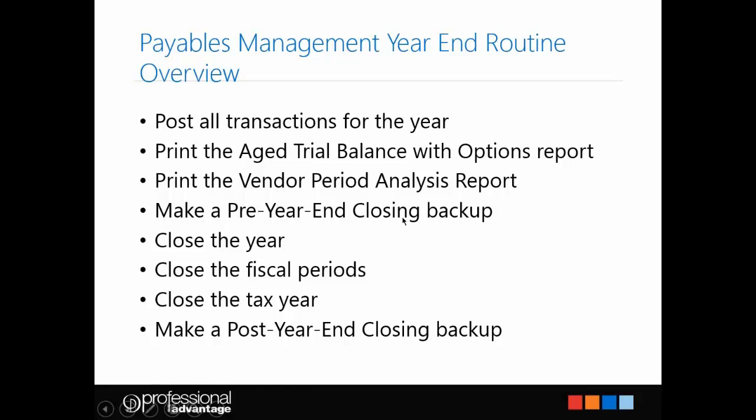Again, back up before you do the year end. Once you've done the backup, then you can perform the year-end process. And then after the year-end process is done, make sure you do another backup. So very, very similar process as AR.